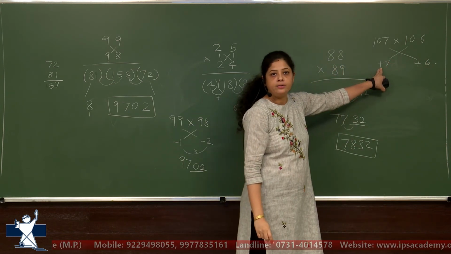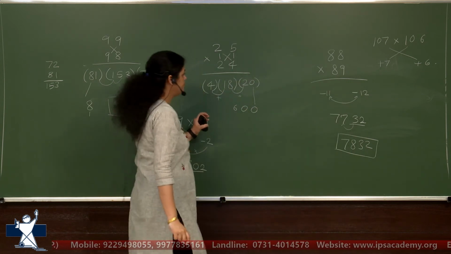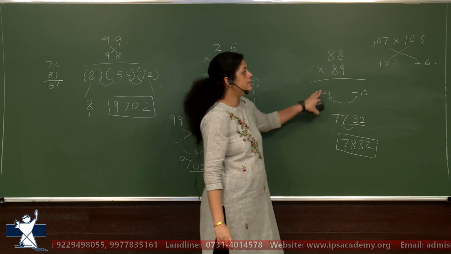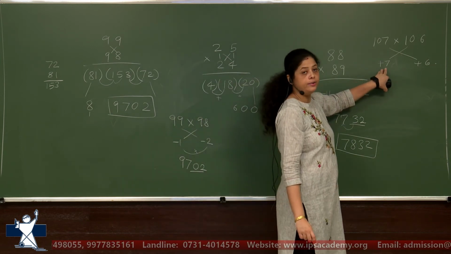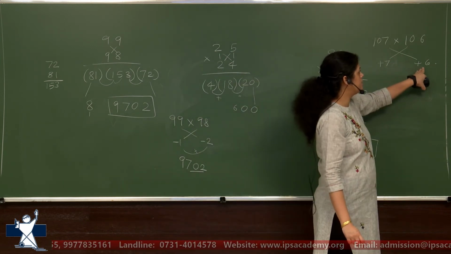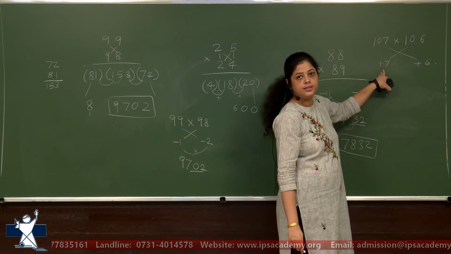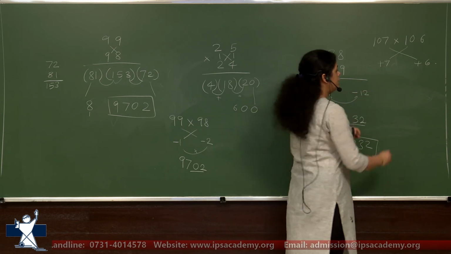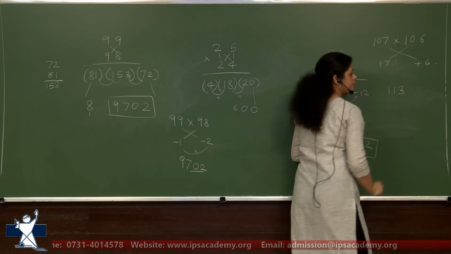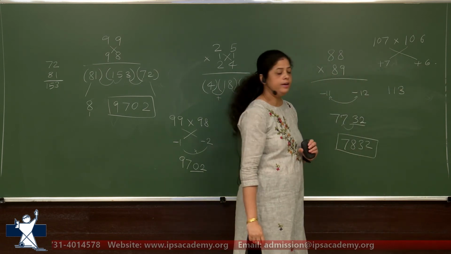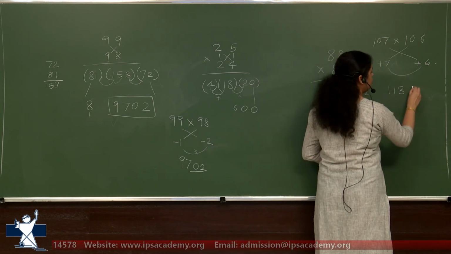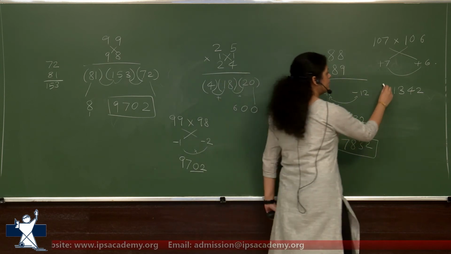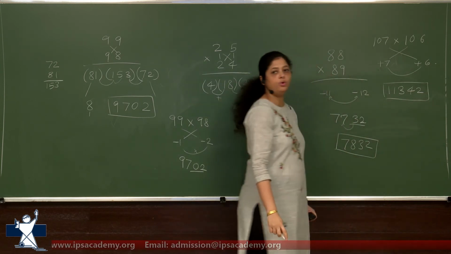So you have to add. यहाँ पे minus था, so we have subtracted diagonally. Right? Since these are more than 100, we are going to add. Now 107 plus 6, 106 plus 7. How much is it? 7 plus 6? 13. That means 113 is the first part of our answer. Then we do 7 into 6, 42. Will be second part of our answer. So 107 into 106 will be 11342.